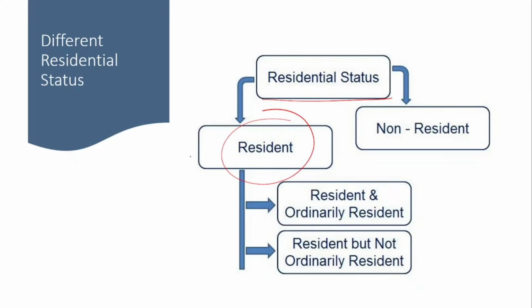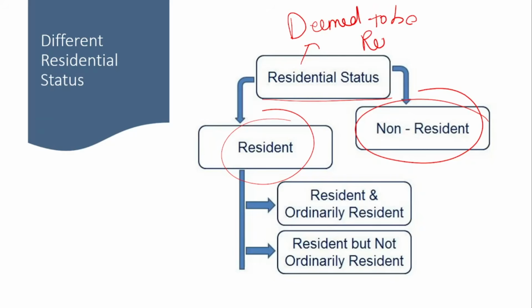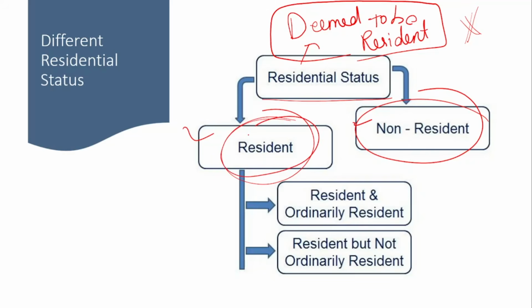Now the residential status is of 2 types. One is resident and second one is non-resident. There is a third one known as deemed to be resident. But regarding deemed to be resident, I will not explain now. When such type of problems comes, that time I'll explain. Now we'll be doing only problems related to residents and non-residents. Now resident has 2 types: ordinary resident and not ordinary resident.